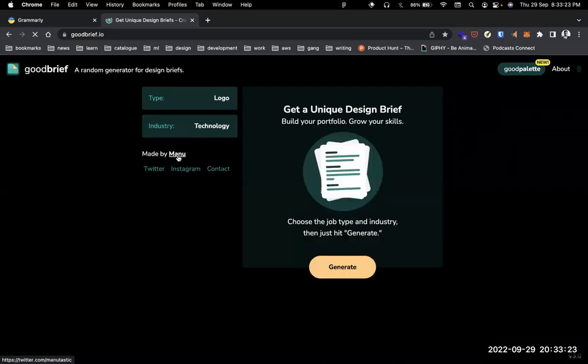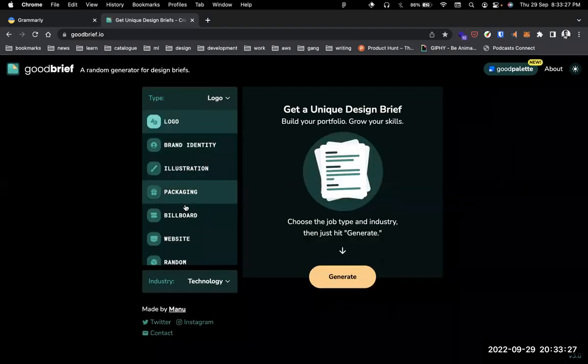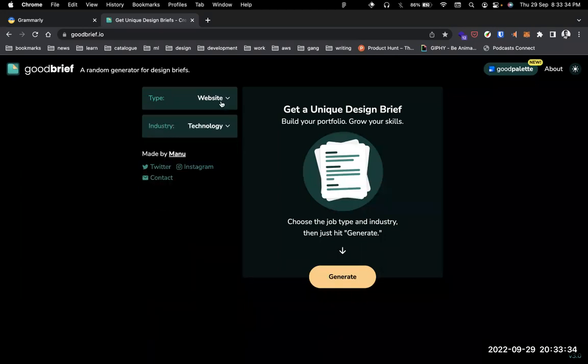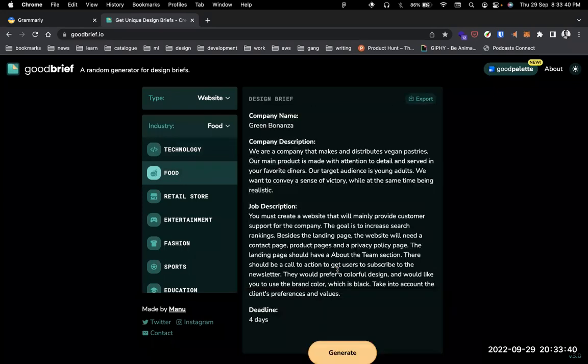So let's assume that we have a UI thing here. Okay, websites. This is not going to give us the kind of brief we want, but okay, website for technology company. Let's use food, generate. Okay, so we have a simple example here. We're a company that makes and distributes vegan pastries, okay?